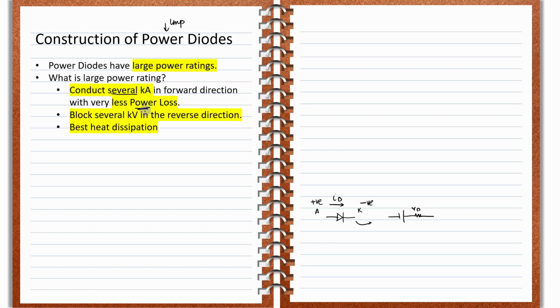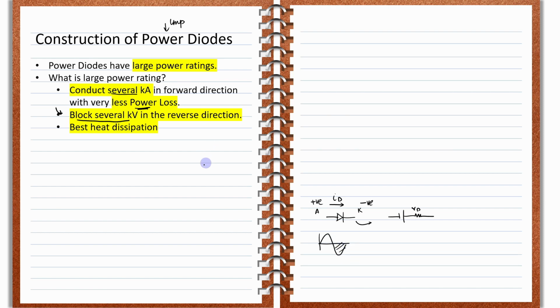Another important power rating is that it should be able to block several kilovolts in the reverse direction. In fact, today we will be discussing how it can block several kilovolts in the reverse direction. In power circuits, the voltage is going to be alternating, so in the negative cycle, a diode connected there will experience this reverse condition.